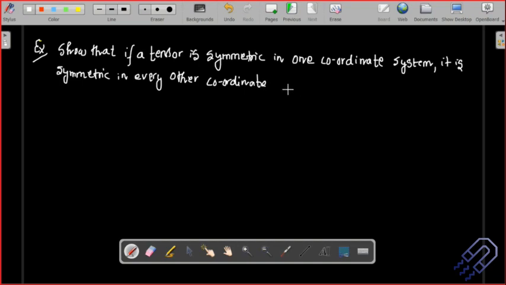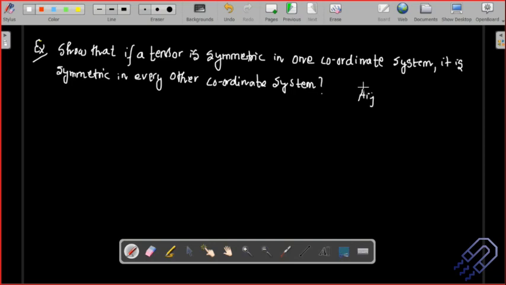I'll give you this question, not exactly as a homework. It's like you have to just think about it and try doing it. You can get it in any mathematical physics book, not a problem. But understand the logic here, that if it is symmetric in one coordinate system, it will also be symmetric in another coordinate system. I'll give you a hint.